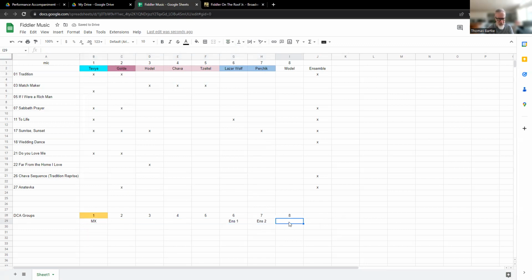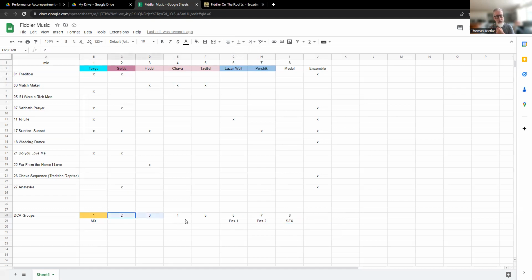And this here, I'm just going to call SFX. Just like MX stands for music, SFX stands for sound effects. For now, we're just going to reserve this group for later, and I'll show you what we're going to do with it. So now we have music on 1, effects on 8, ensemble 1 and 2 on 6 and 7.